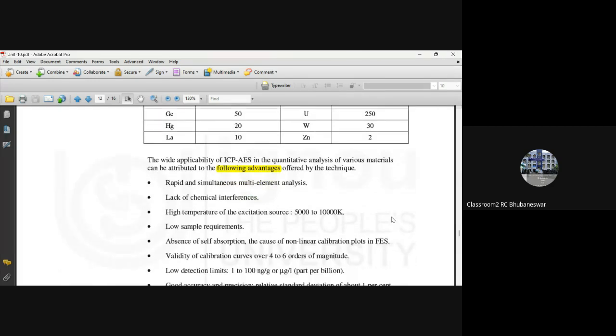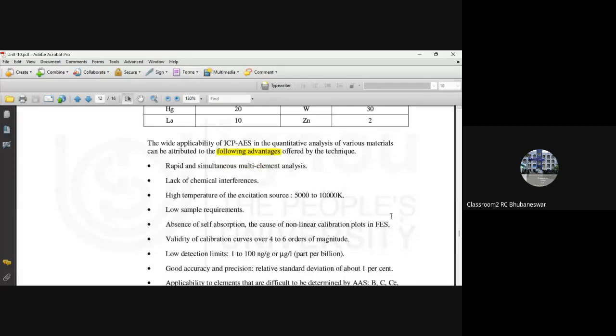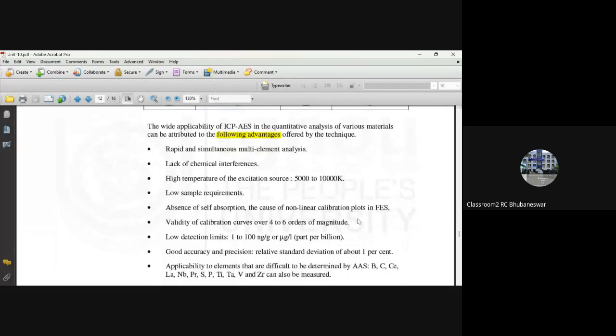So ICP-AES has the following advantages: rapid and simultaneous multi-element analysis can be done, provided the source is suitable for the few elements that fall within that range.